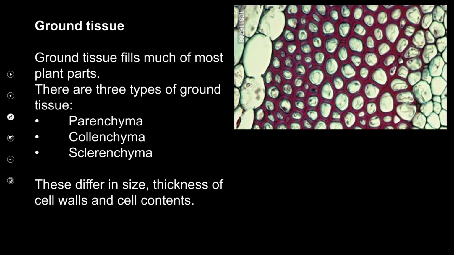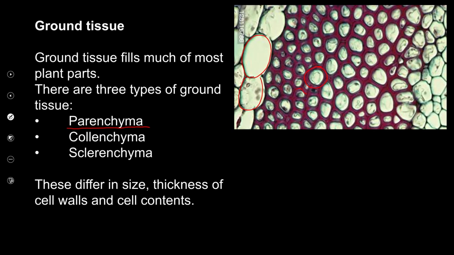This is a photograph taken under a microscope, and we can see different types of cells. We can see big cells with thin walls. We can see other cells with thick walls, and these are simply the different types of ground tissue. These big fat ones are called parenchyma cells.